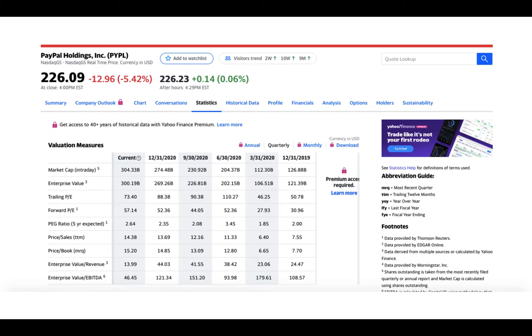So if you're just going off of valuation measures, PayPal is a better bang for your buck. Not saying that it actually is. I mean, valuation wise it is, but not going into all of the other ways of analyzing the companies, purely valuation, which is the focus of this episode. PayPal is the better bang for your buck, as you can see, because these ratios are a lot lower, so it's more fairly priced.